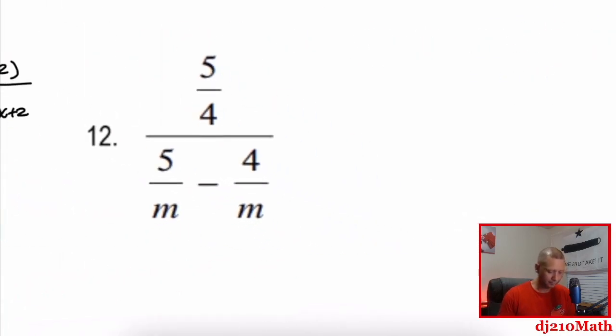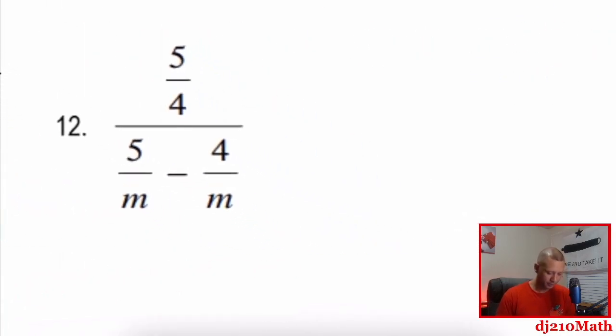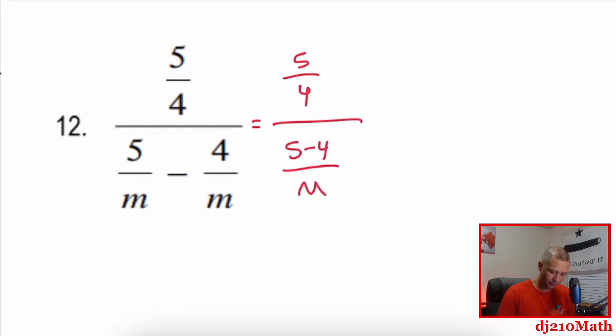All right, number 12. Work in the denominator, we're going to get, so both denominators already have a common denominator. So this is going to be 5 minus 4 all over m, which is basically 1 over m.